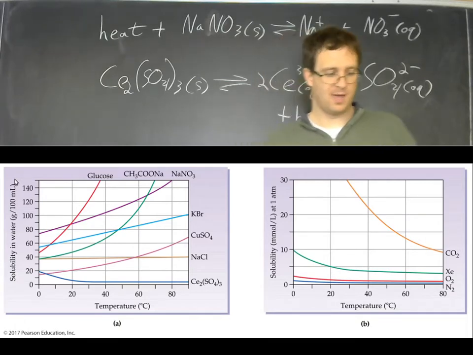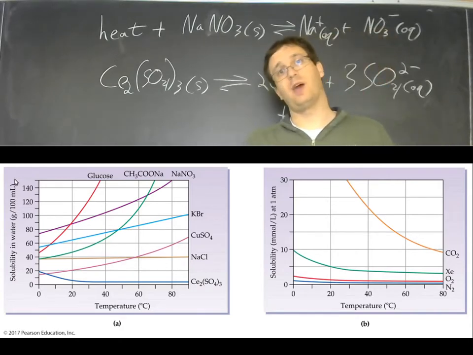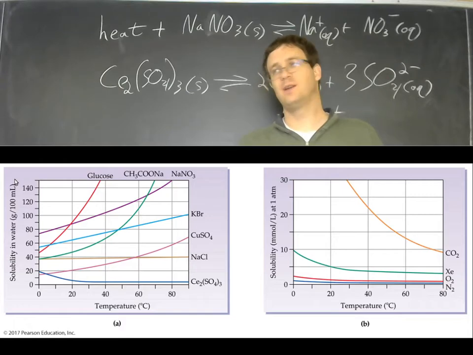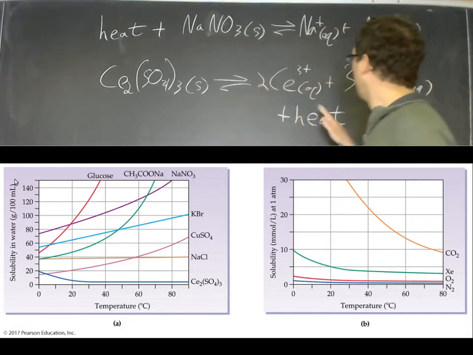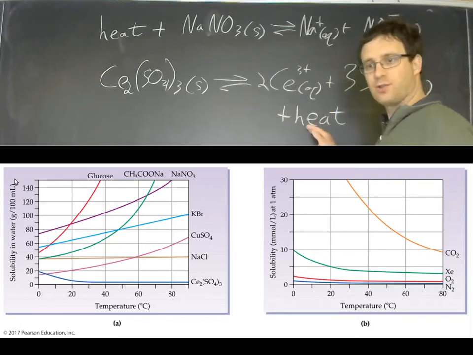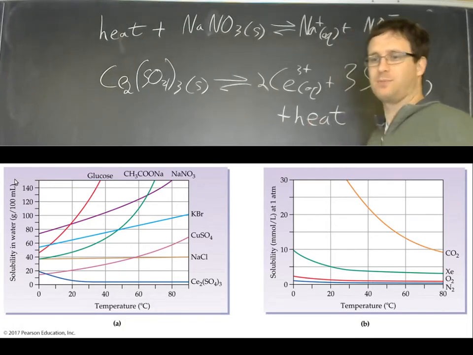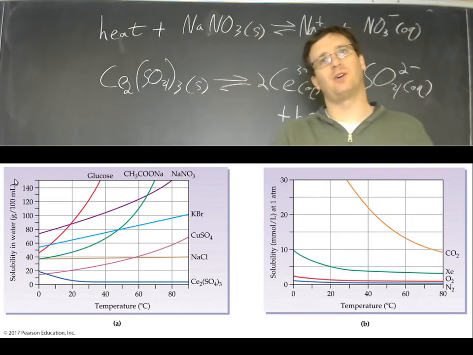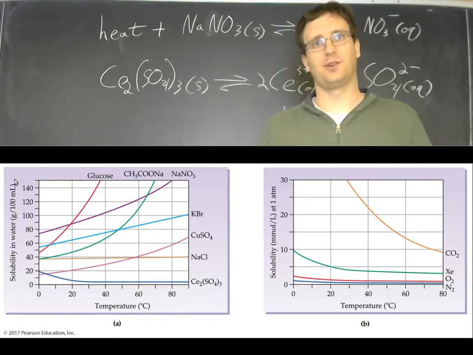So all gases will behave this way. And so if it's a gas, you already know that it would be an exothermic enthalpy of solvation, and increasing the temperature decreases the solubility.